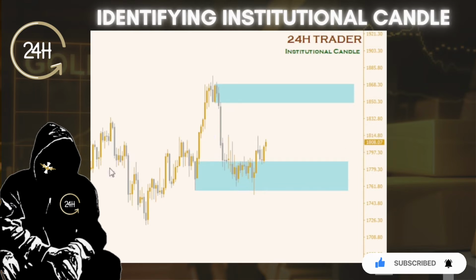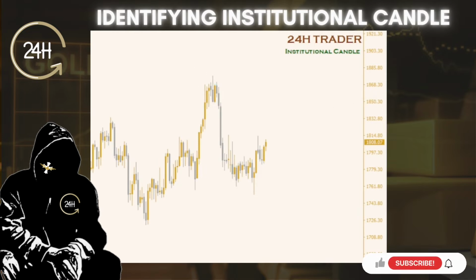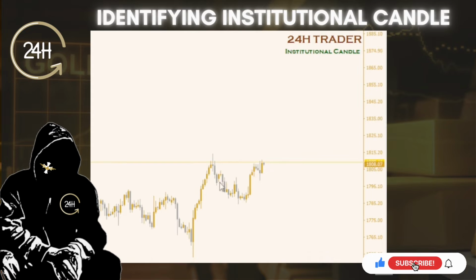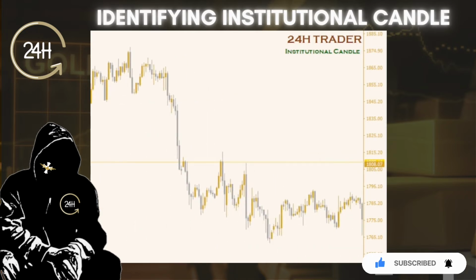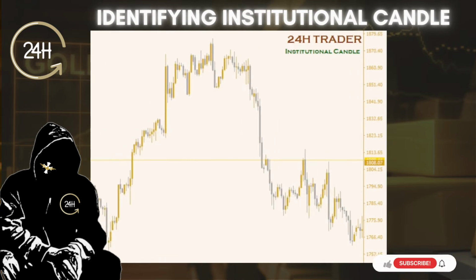You can see that the high of this candle is at 1788, and right now, since it is on a daily time frame, it has already punched up to a high of 1814. But I still believe that it will pick up this area up here.